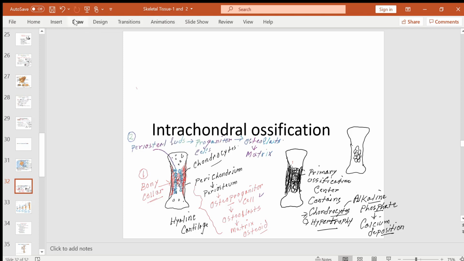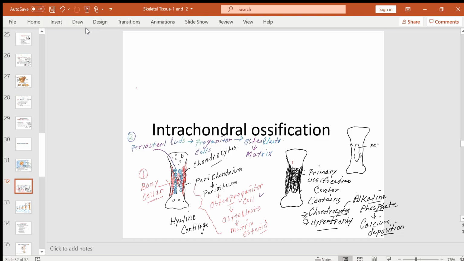Now just think, if these cells get ruptured or burst, then what will happen? A cavity will be formed here. Make sense? And that is the medullary cavity.